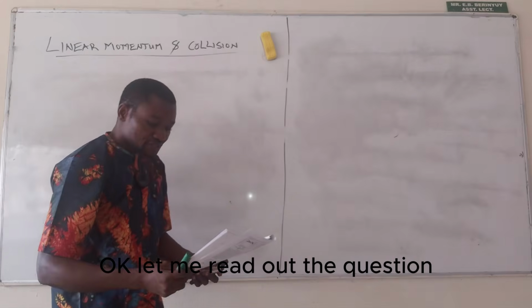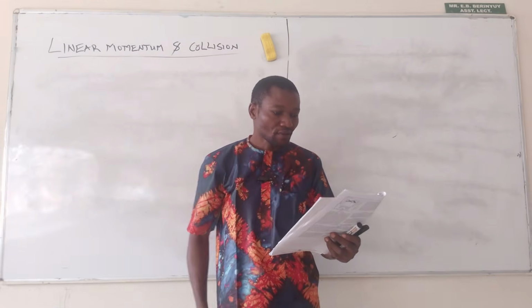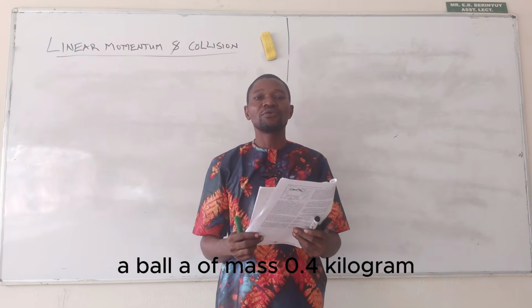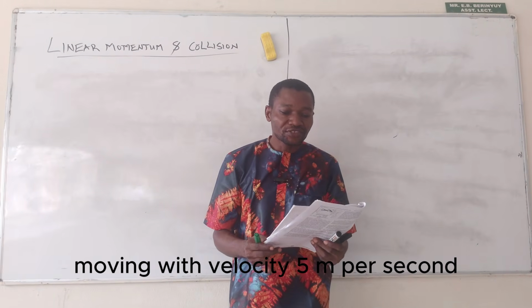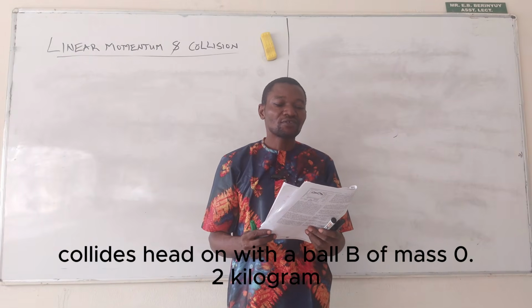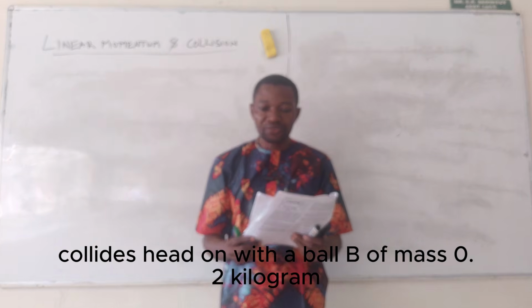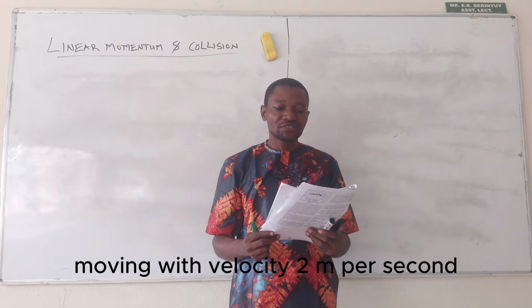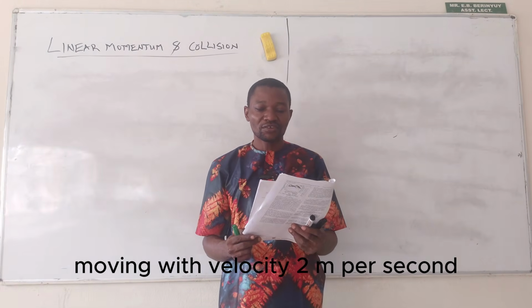Okay, let me read out the question. A ball A of mass 0.4 kilogram moving with velocity 5 meters per second collides head-on with a ball B of mass 0.2 kilogram moving with velocity 2 meters per second.